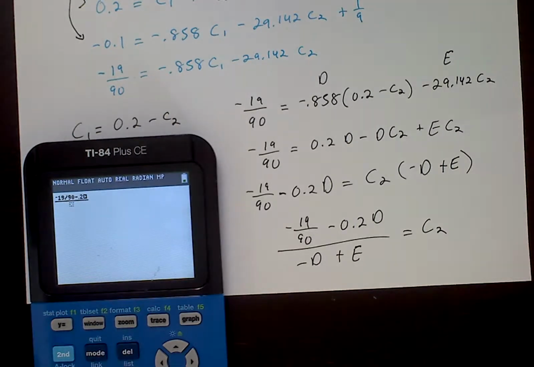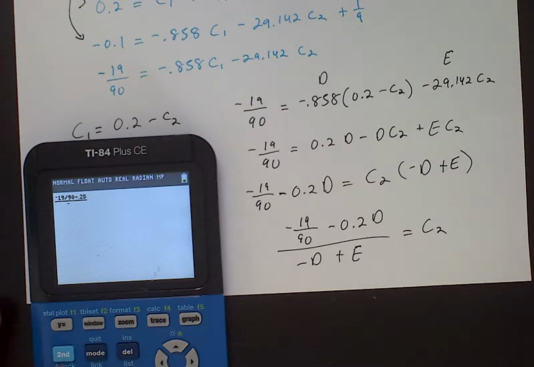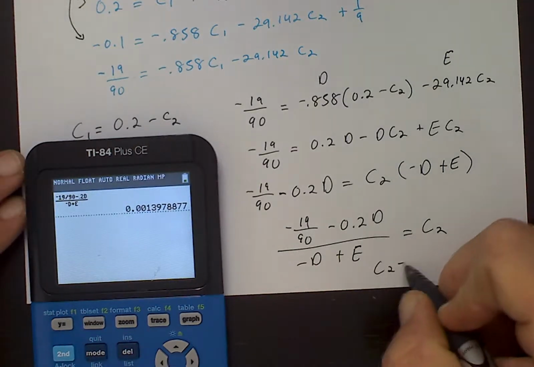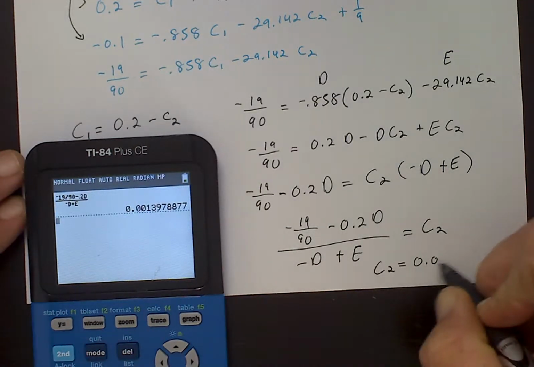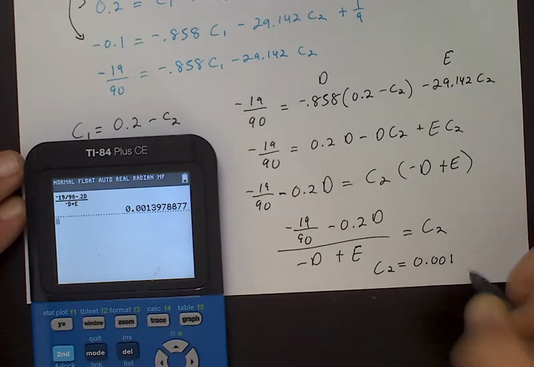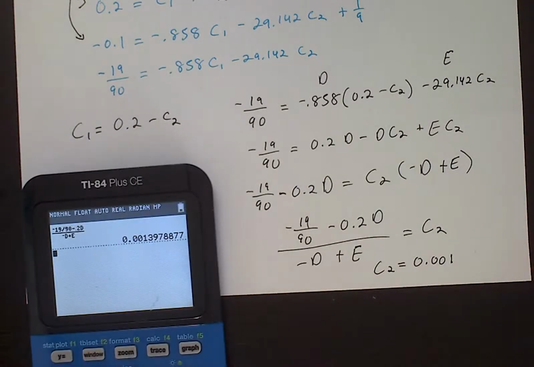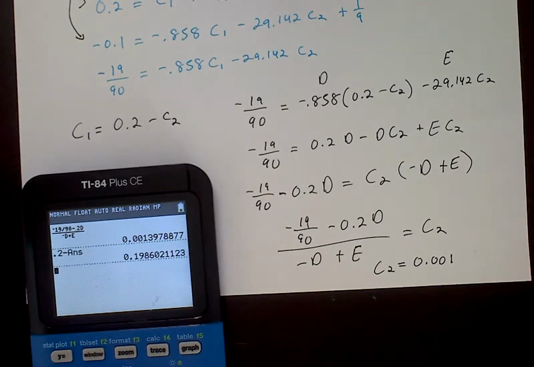Again, I already stored these as variables in my calculator. That's what I got before. And then C1 was just 0.2 minus this answer. So there's C1.